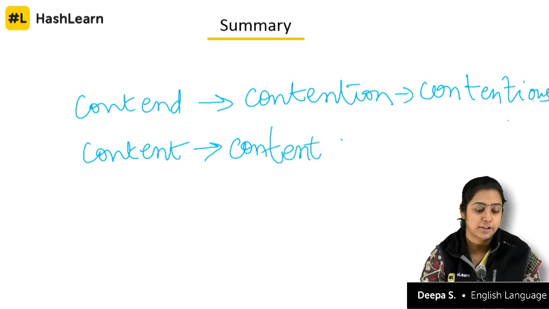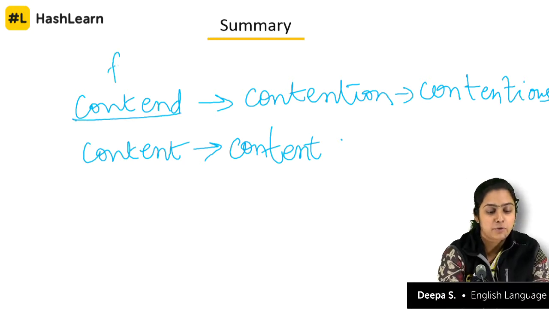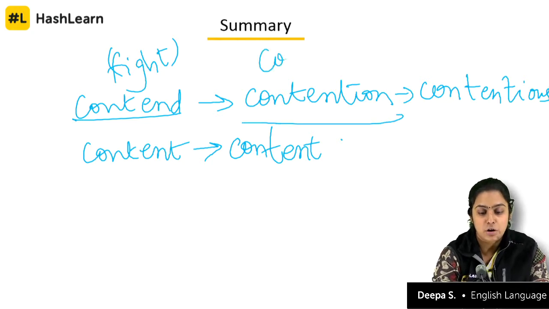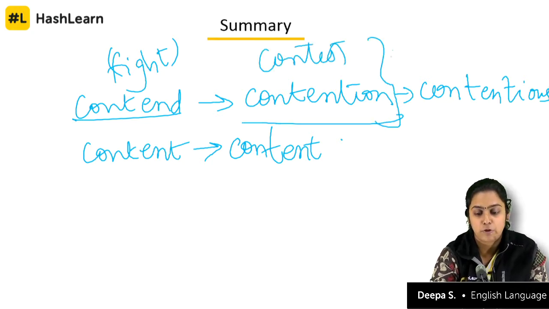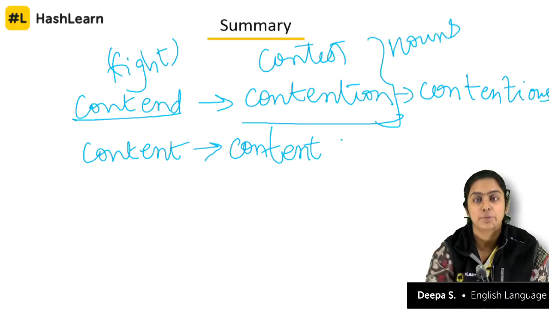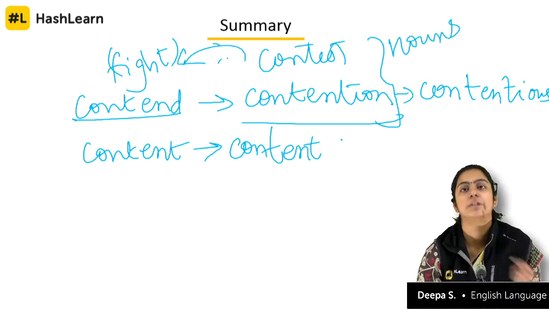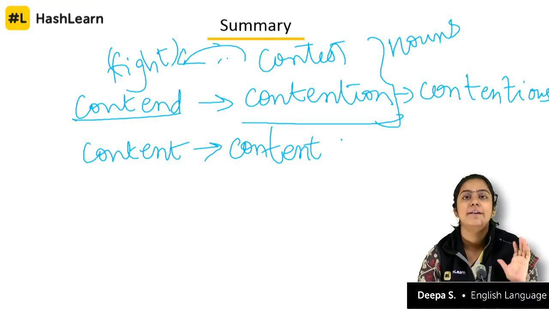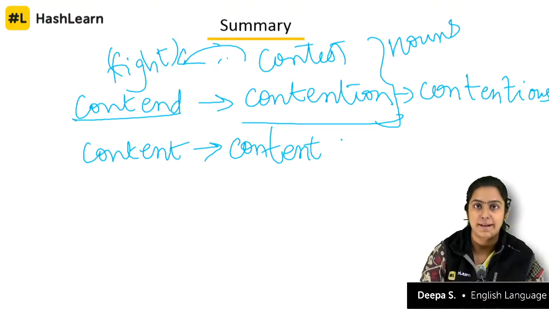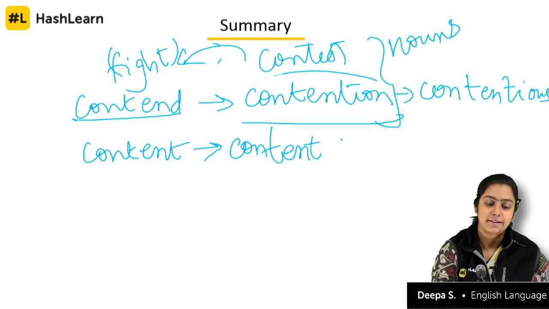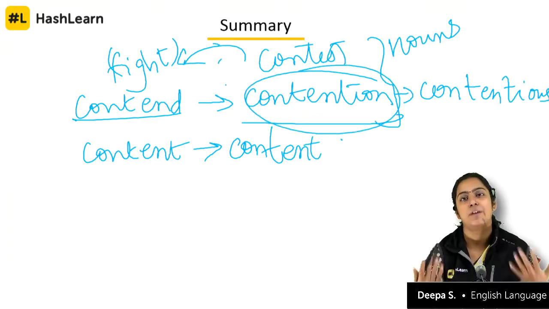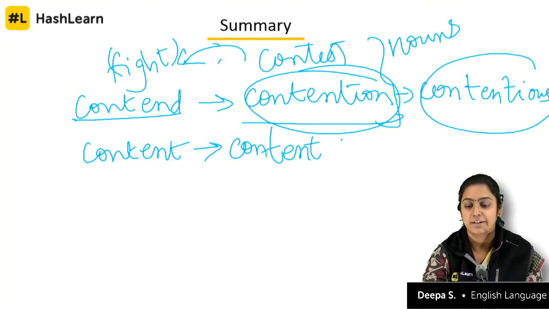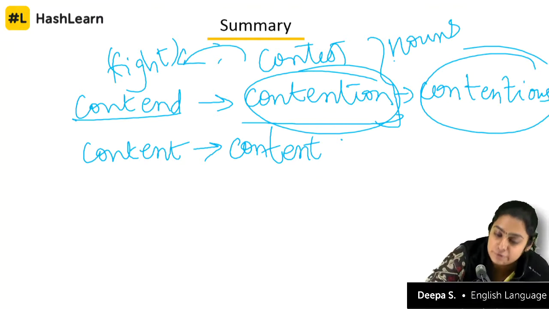Verb and noun, adjective and noun. Now contend is to fight. Contention, contest, these are the noun forms of this verb. Contest, a competition. So contend is to fight. You fight it out in a contest to win the contest. Contention is the feeling of fight, aggression that is there in the competition. Then contentious means very aggressive.